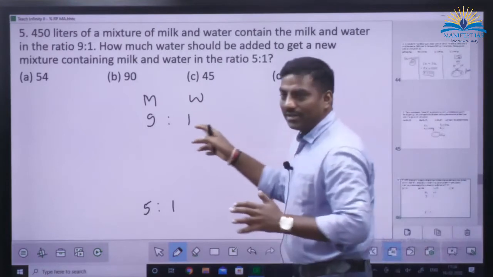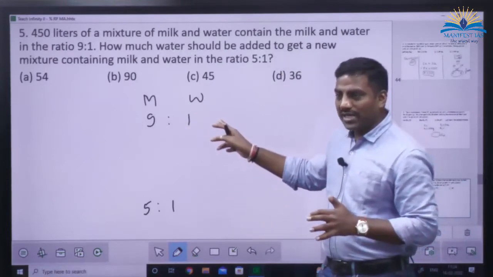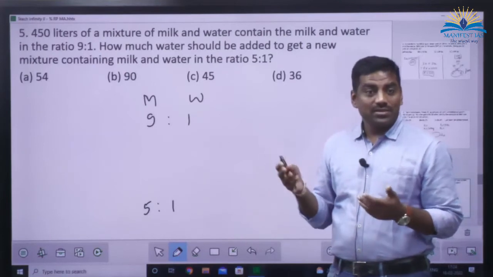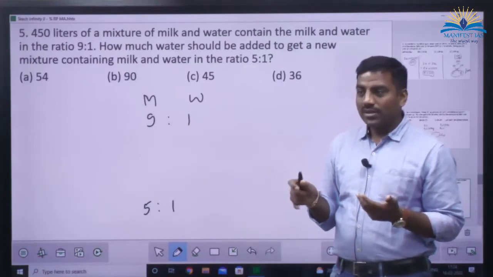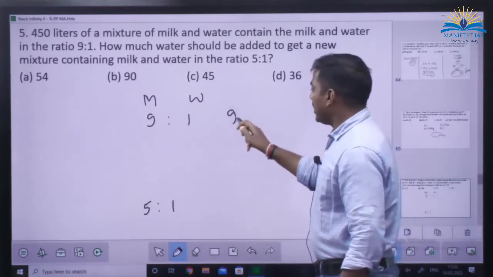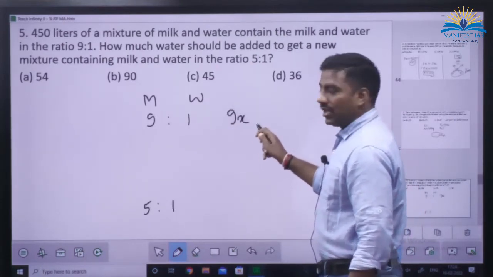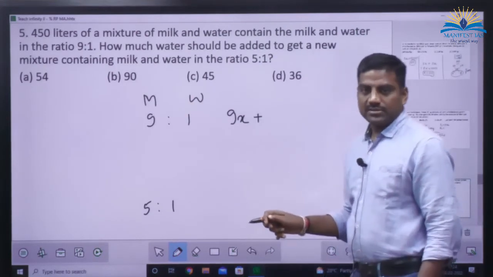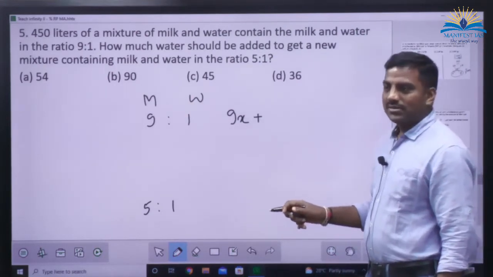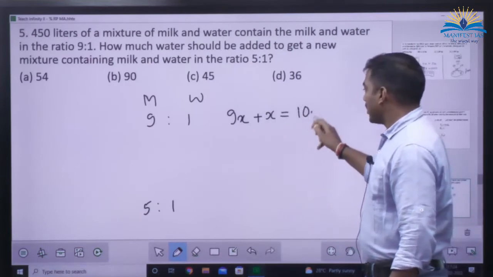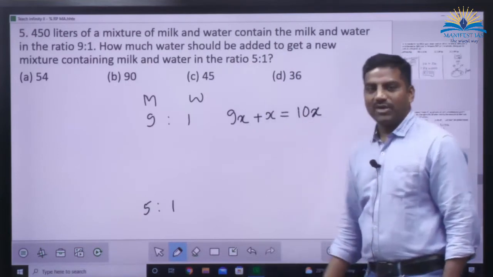It doesn't mean that 1 liter of water was there and still 1 liter of water is there. So let us take the quantity of the milk as 9x and water as x. Both are correct, okay? But don't have the practice of writing 1x.